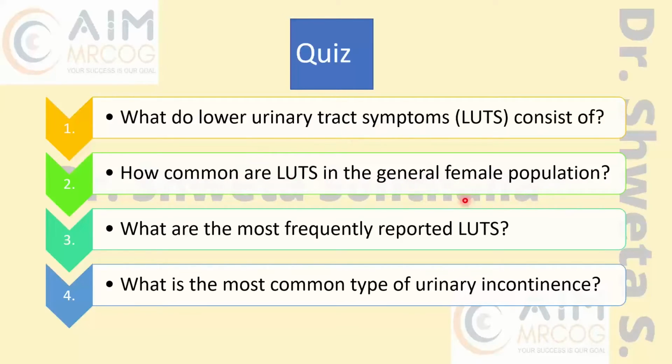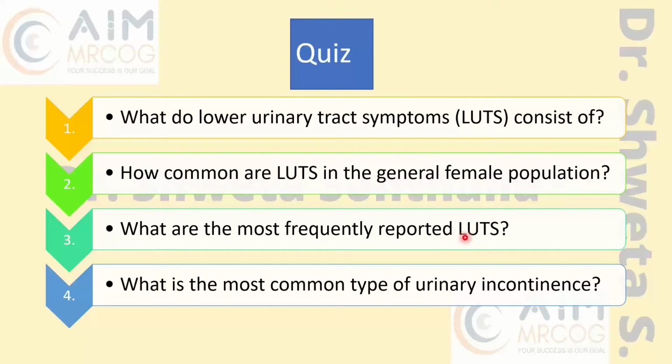Now, how common are these in the general population? It's about 36 to 67%. Very good. So up to 2/3. Remember it like that. Then what is the most frequent LUT?